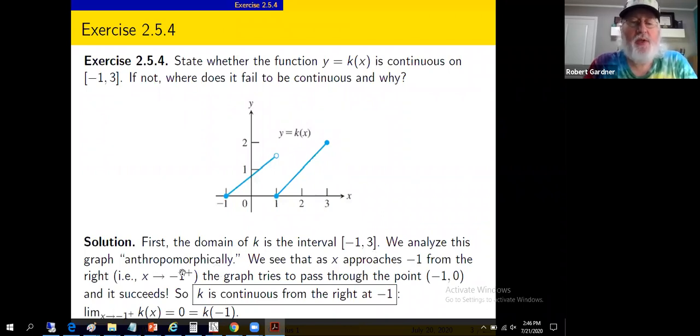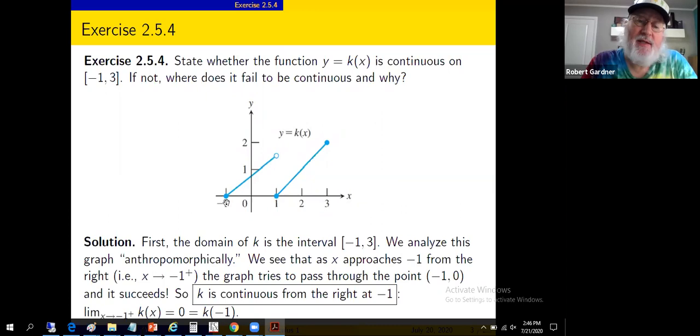Let's talk in terms of trying to pass through points or trying to contain points. Look what happens when x approaches the left-hand endpoint. We take x values that approach -1 from the right. Then we get points on the graph of the function that would lie along this blue straight line part. So as we move along, this function's trying to contain the point (-1, 0), as I put it.